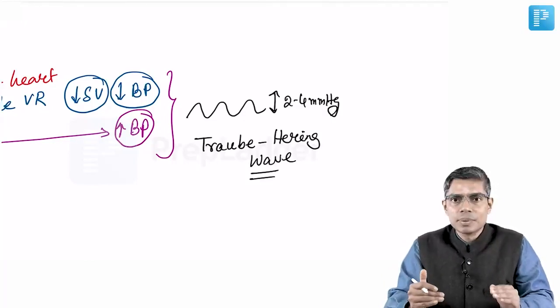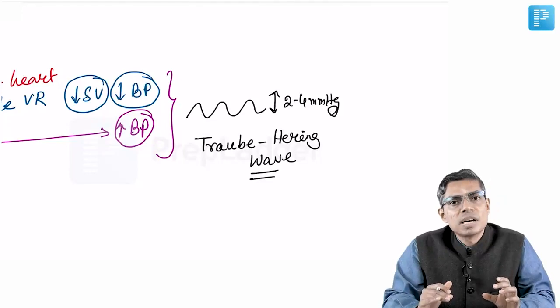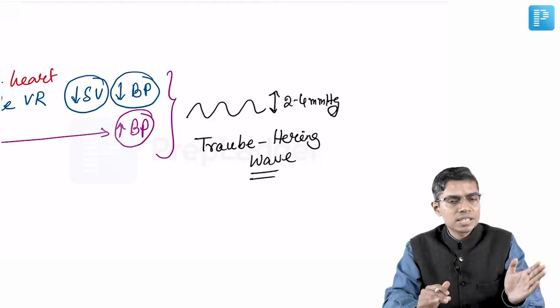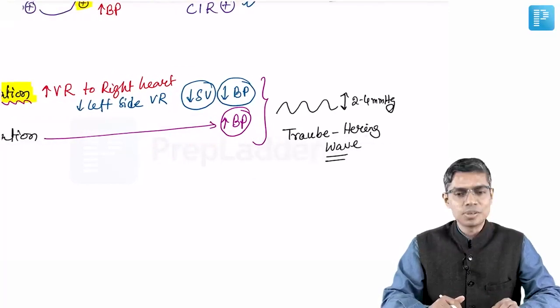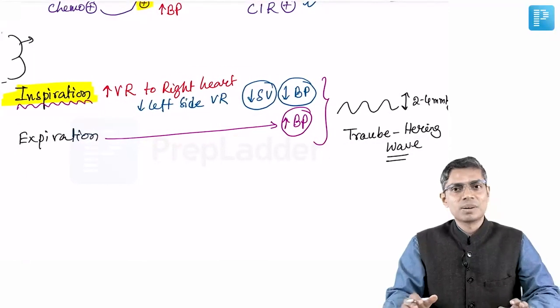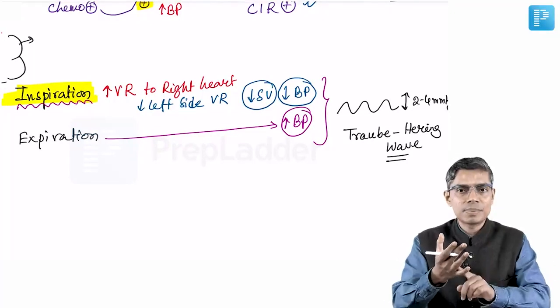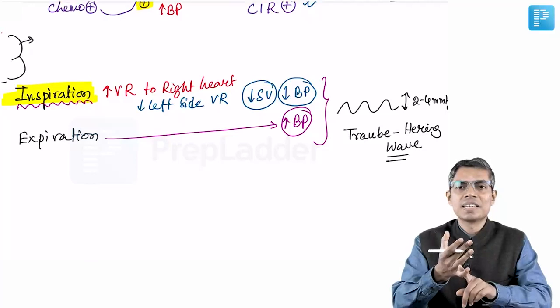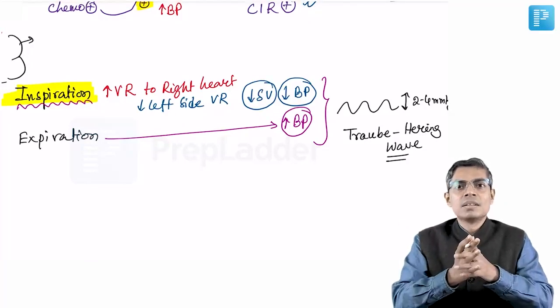But Traube-Herring wave means this is nothing but fluctuation of blood pressure only 2 to 4 millimeter of mercury during your inspiration and expiration, right? So this is all about your short-term regulation of blood pressure or rapidly acting regulation of blood pressure by baroreceptor, chemoreceptor and CNS ischemic response and their applied aspect, right?